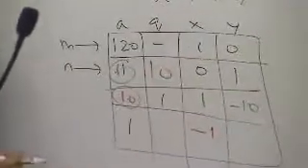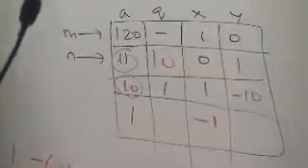Then you go up two for y. 1 minus 1 times negative 10. Oh, that's negative 10. Yes, it's negative 10.